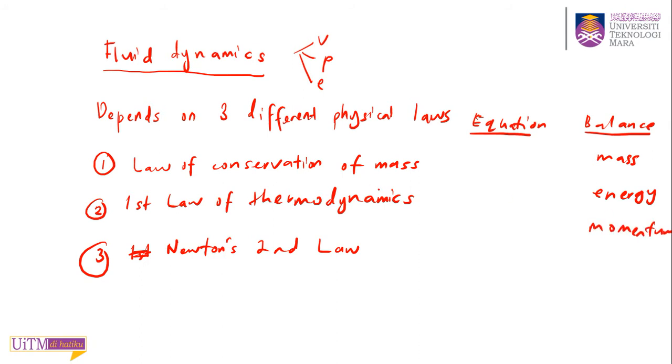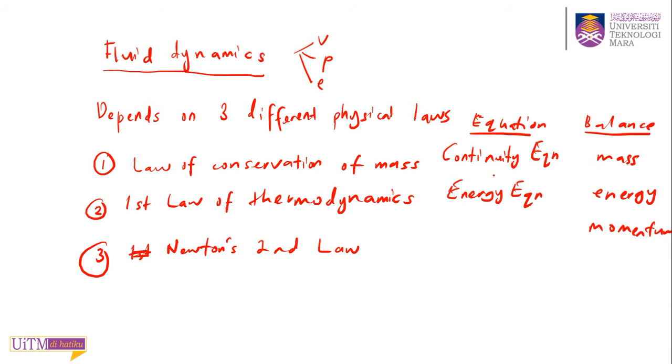There will be a different equation for each of these laws. The first one, the law of conservation of mass, what we learn today, is what we call the continuity equation. We will look at this after. The second one, the first law of thermodynamics, is the energy equation, which we will look at in a different week, in week 8.